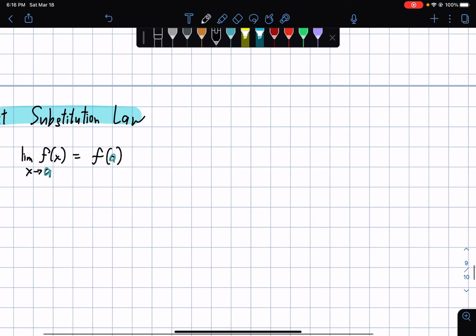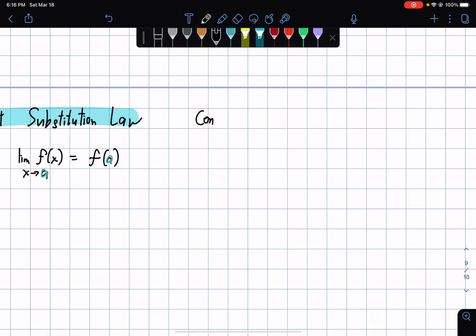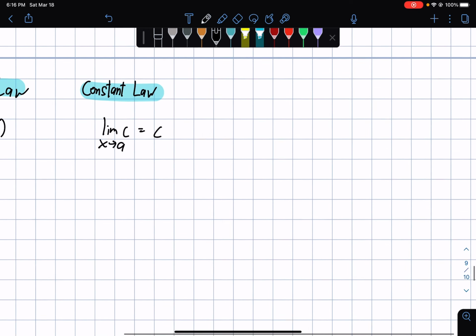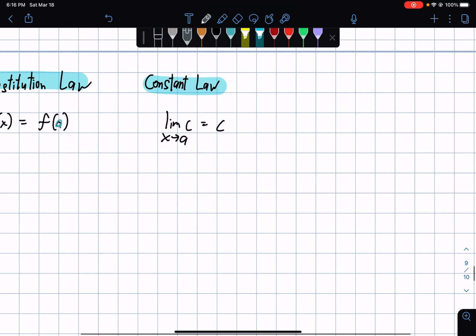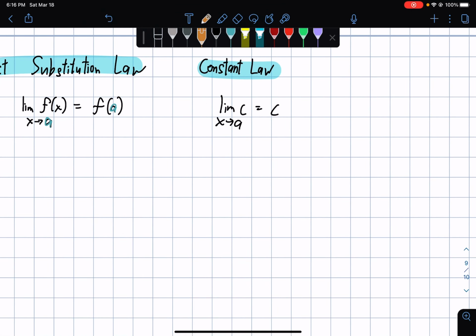We have our next law, which is the constant law. Here, we have lim c such that x approaches a. That's going to be equal to c. That's it. Let's have some examples under the constant law.